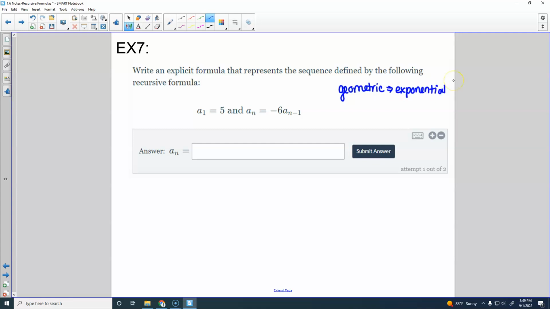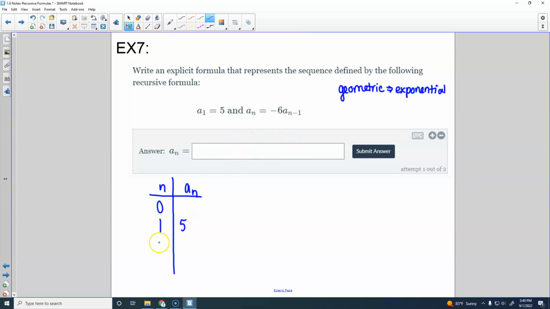So we should be thinking about our equation here being an exponential. The way I like to deal with this is I like to make myself a table. I'm going to put a 0 here, even though I don't know what it is. I'm going to put a 1. I know a sub 1 is 5 here. So whenever n equals 1, a sub n equals 5. And my pattern is to multiply by -6.